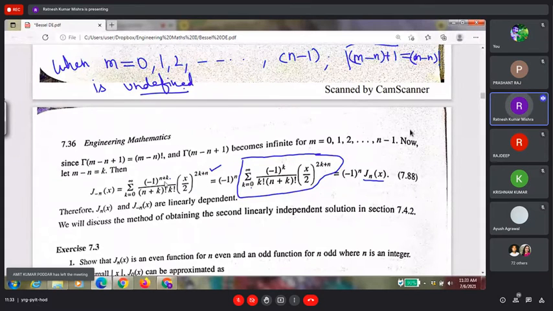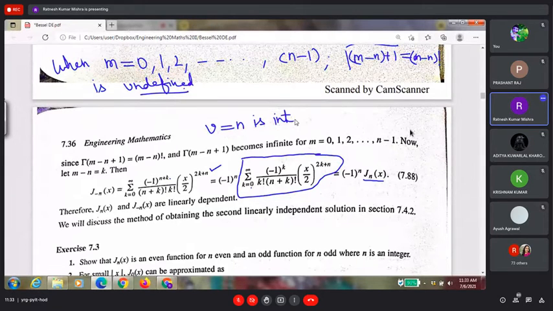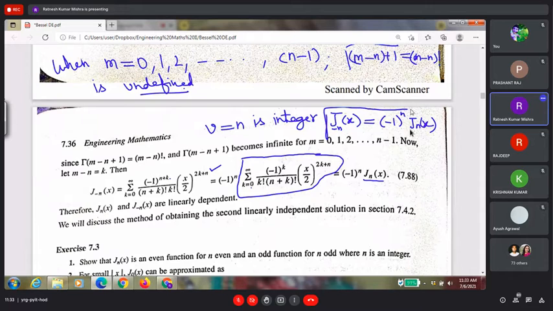So when v is integer, v equal to n, therefore J minus n(x) equals minus 1 power n Jn(x). So both are linearly dependent. J minus n depends on Jn, या Jn depends on J minus n. So in the case of v equal to n, by this method we can find only one independent solution.